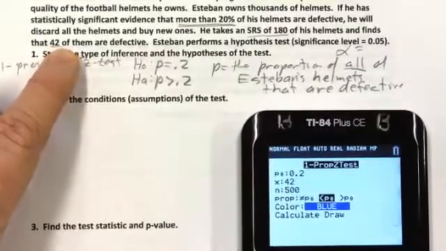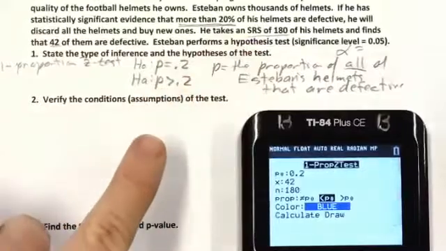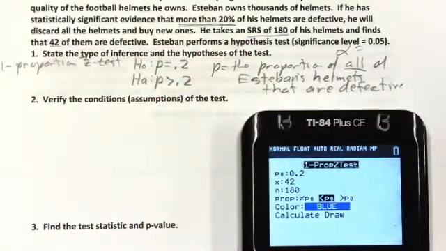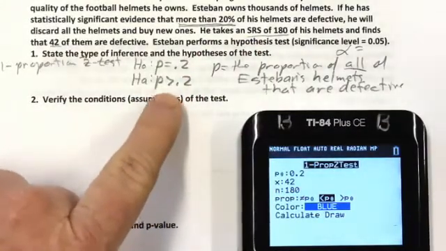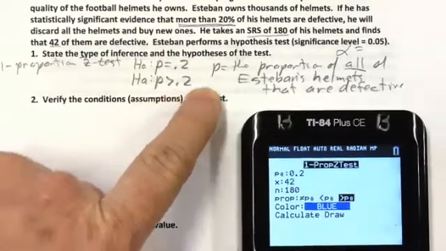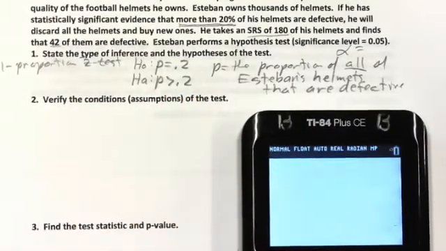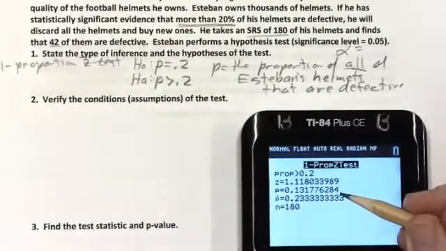Don't put a decimal there, please. 108 for our n. And so then our alternative is greater than, like that. Okay, and so then we hit calculate and we got ourselves our test statistic and p-value.